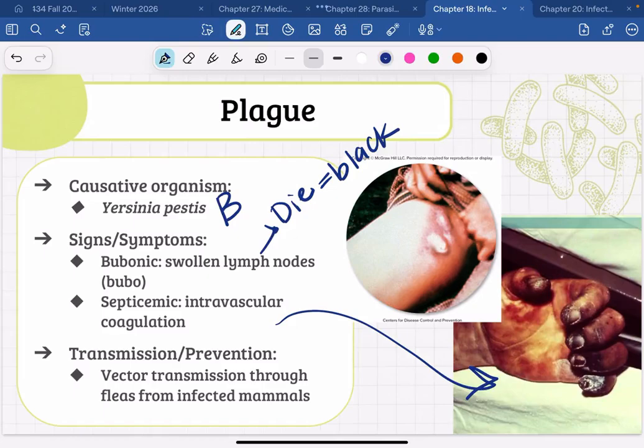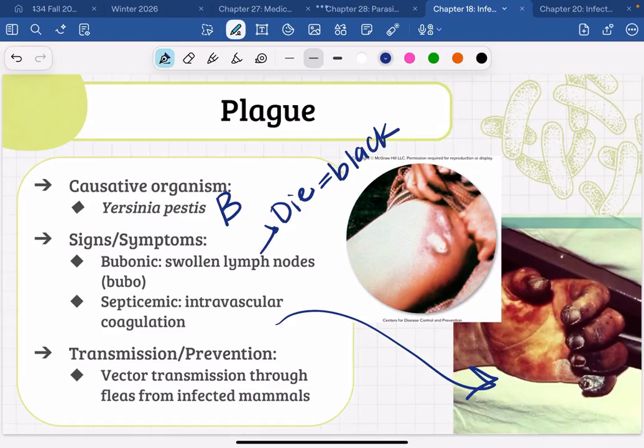Septicemic plague has an almost 100% mortality rate, even if it's treated. So it's very, very deadly. And the reason this happened was because at the time, there were so many rats living in close proximity to humans. The fleas would bite the rats, and then the fleas would bite the humans because they all lived close by.